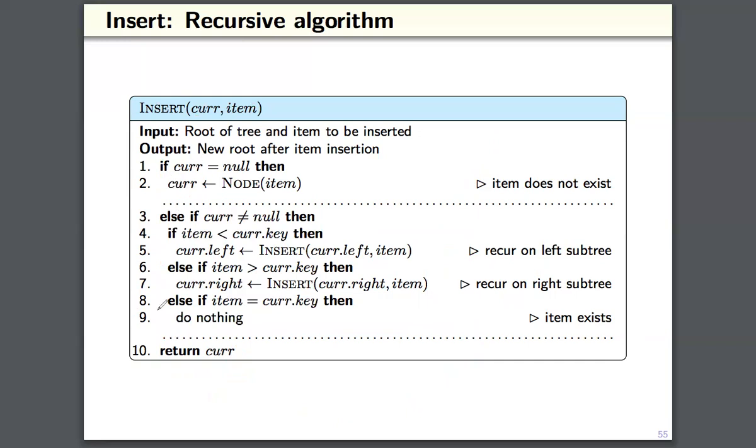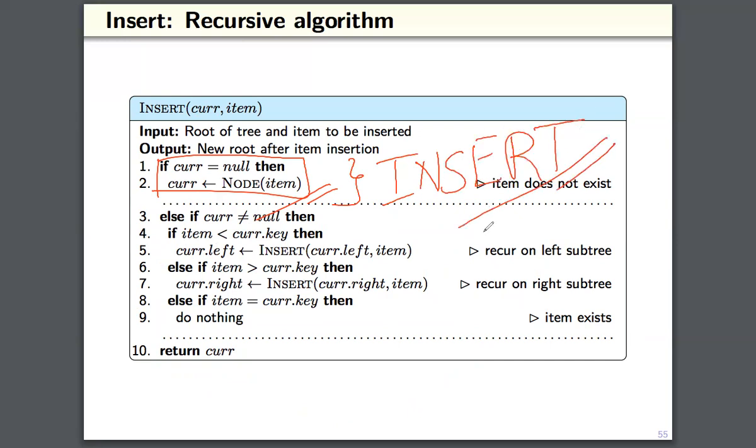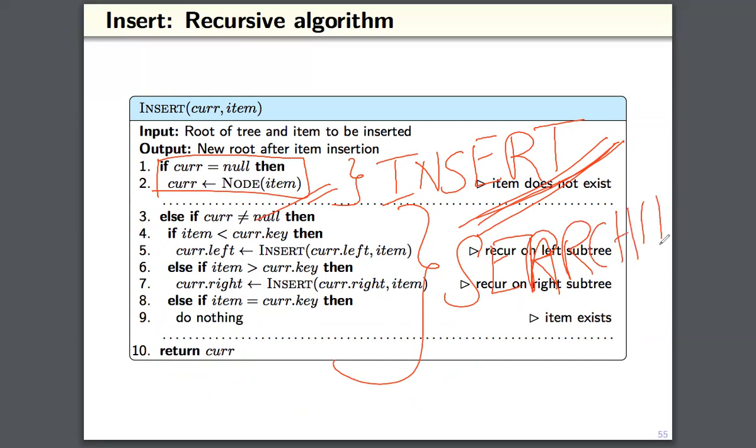Okay. So when current is equal to null, what happens? You are inserting here. The real insert operation is in this base case. Make sense? So this is just searching. The recursion case is majorly the searching procedure.